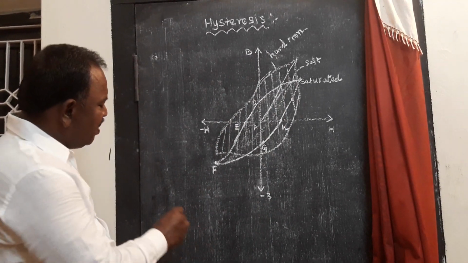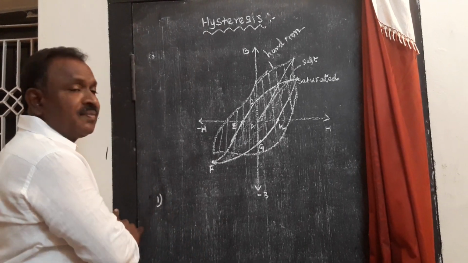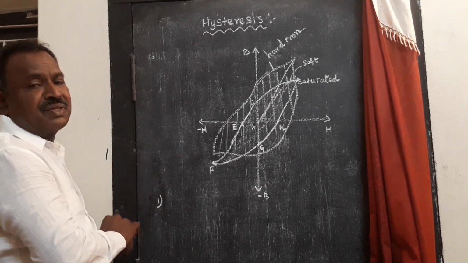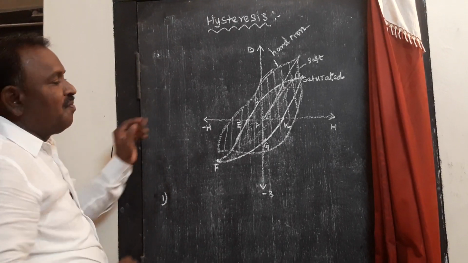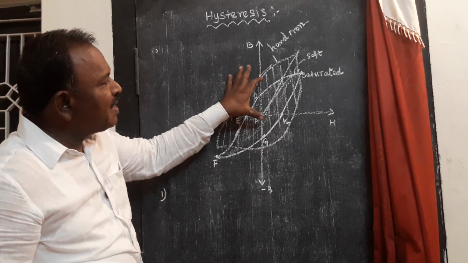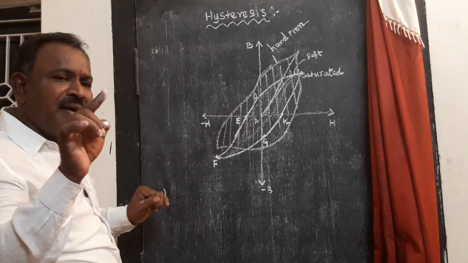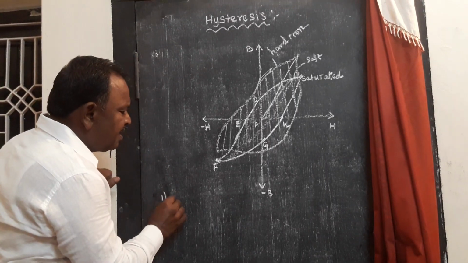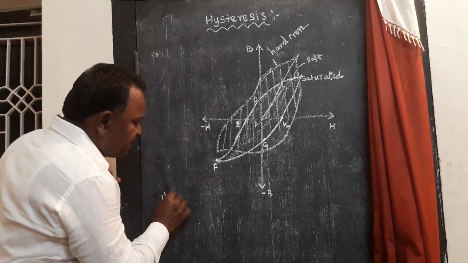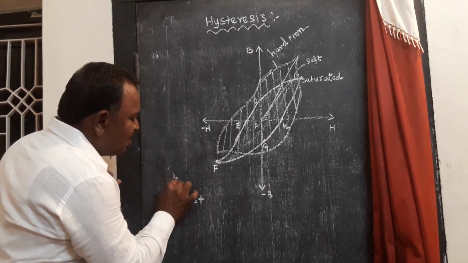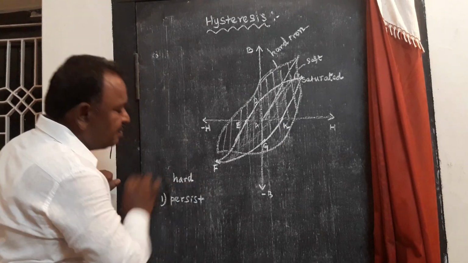So what are the properties of hard iron? One, when the hard iron gets magnetized and the magnetizing field is removed, the magnetic property persists in the case of hard iron.